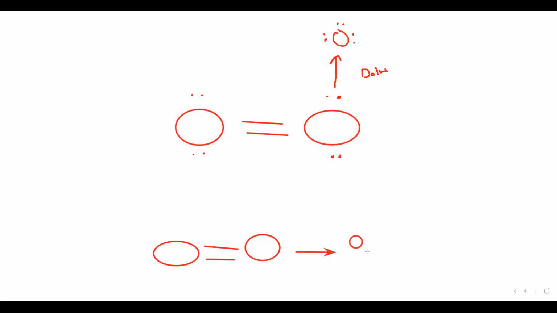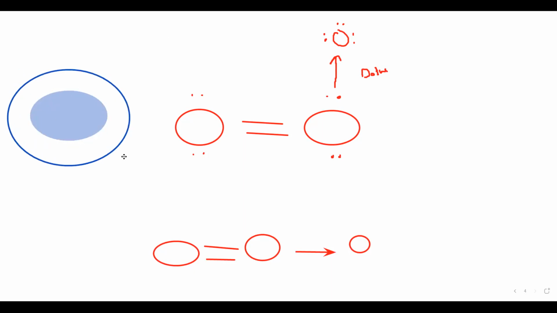So how is the ozone protecting the earth from the harmful ultraviolet radiation? For example, this is our earth. In the upper atmosphere, we have the formation of ozone. How is ozone formed?